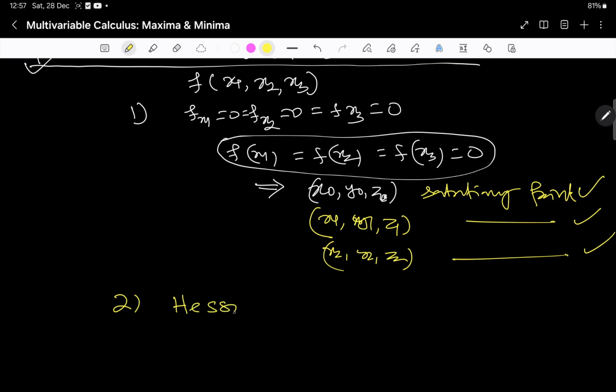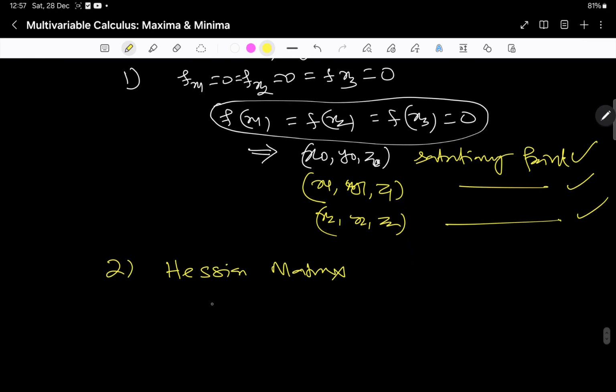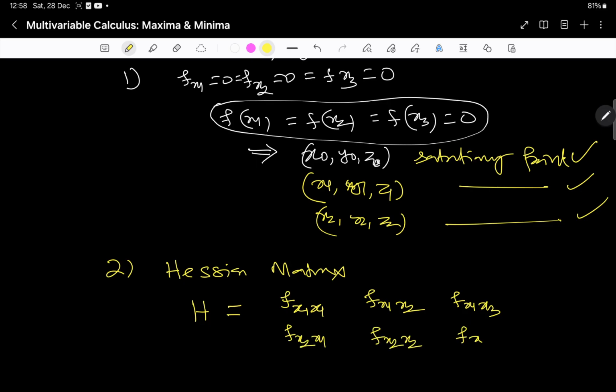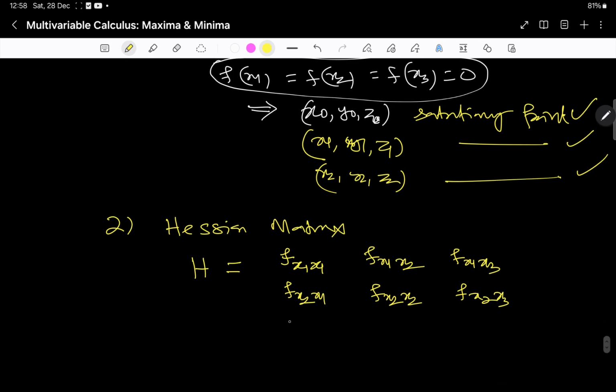As I have told you, the Hessian matrix. What is my Hessian matrix here? Now my Hessian matrix H is, we will consider the second derivatives: f x1 x1, f x1 x2, f x1 x3, then f x2 x1, f x2 x2, f x2 x3, and f x3 x1, f x3 x2, f x3 x3, right?